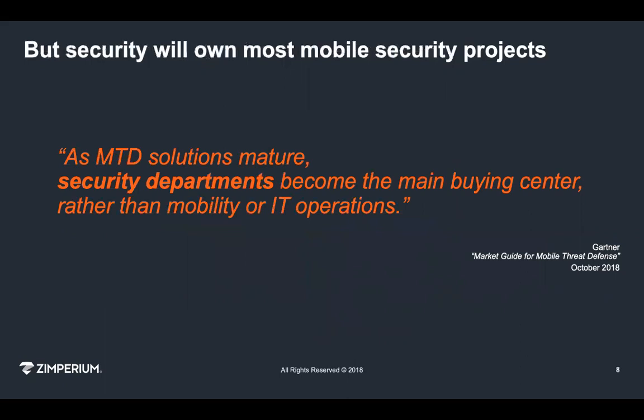So if you are a security team, as more and more threats are coming out, as I mentioned at the onset, that everybody is being attacked, and there's all these high visibility things that are coming out, security guys are going to be tasked with solving the problem. As a general rule, a lot of the mobility teams don't have the security expertise. They understand things like, is this thing jailbroken?